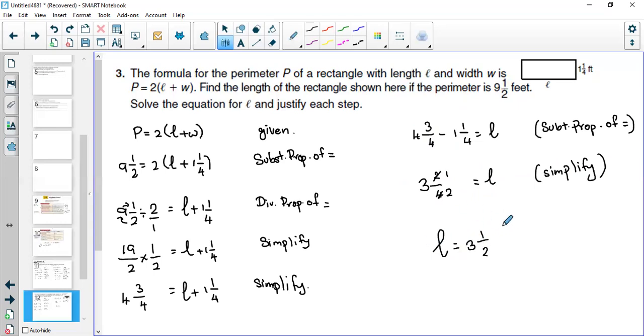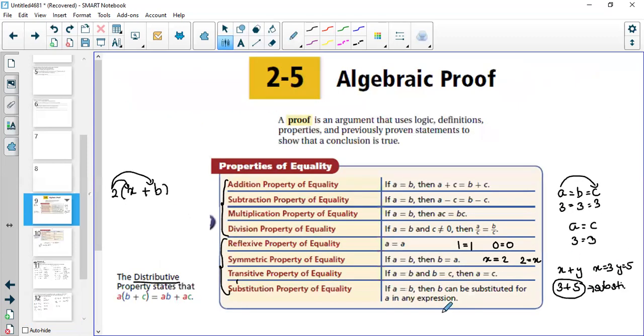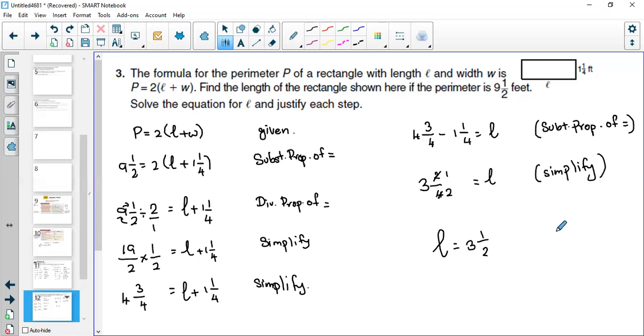Now you can say this as there is a property which we use to say that both sides of the equation mean the same. Let me go back to the properties and show you. This is called symmetric property of equality. So we have to write here, this is symmetric property of equality, because we got the L on the other side, but it's always preferable to keep the variable in front.